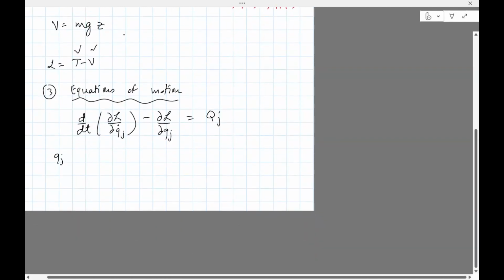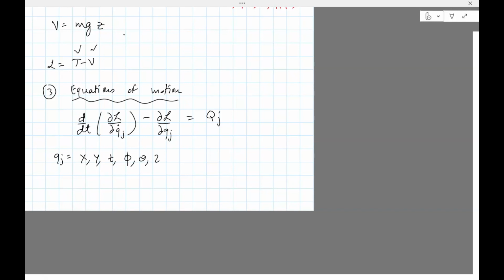Here qj would be x, y, z, phi, theta, psi, and all the Qj's, which are basically the external forces, will be 0, so no external forces.